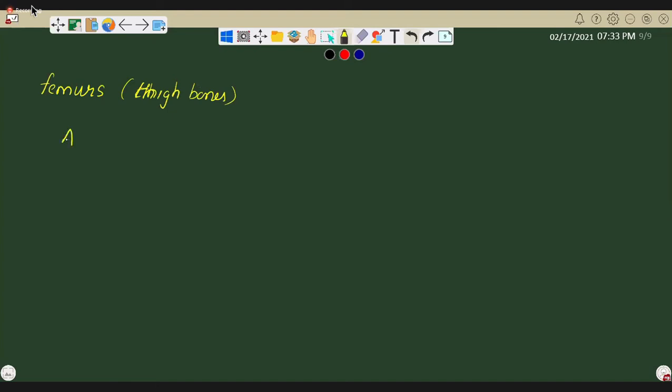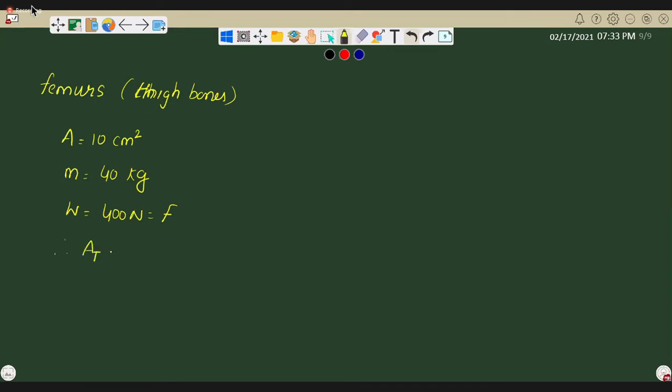What is your area given? 10 centimeters square. Convert into meters square. Mass is given as 40 kg, so from this your weight is 400 newtons, which is also your force. Now see, area of one femur bone is 10 centimeters square.